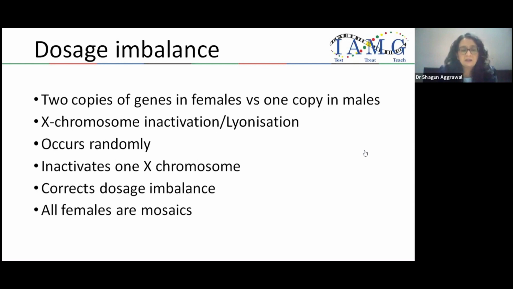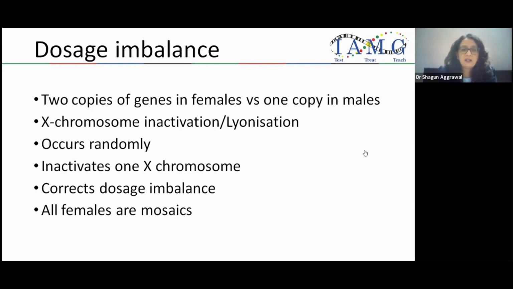This is a process whereby only one of the X chromosomes remains active and the other X chromosome becomes inactive. So in every cell of a female, out of the two X chromosomes, only one X chromosome will be functioning. But this process of inactivation of one X chromosome is a completely random process.